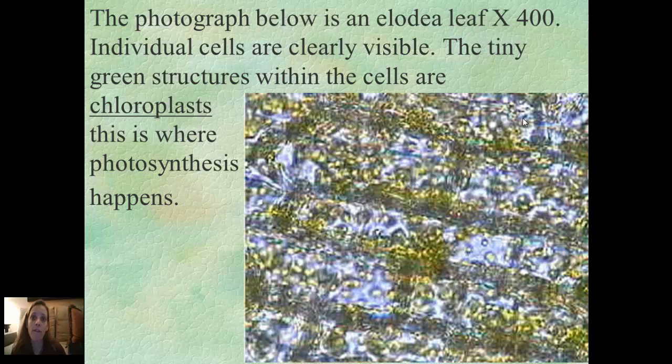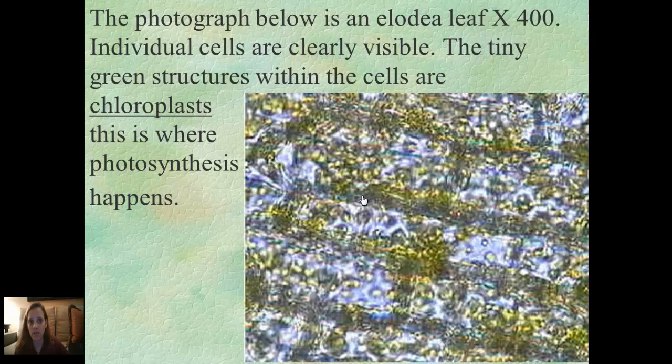So this photograph is of an Elodea leaf that has been magnified. You'll remember that you looked at Elodea under the microscope last semester for our comparing cells lab. These are individual cells that you can clearly see in this image. The tiny green structures that you're seeing, all of this green, these are the chloroplasts.